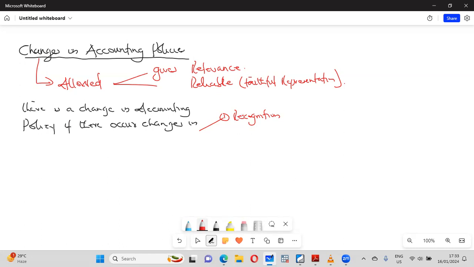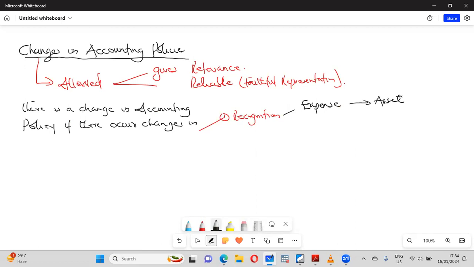So these are the elements. Recognition is placing an item in one of these five areas. So it happens in situations whereby something used to be an expense, but now you are recording it as an asset.